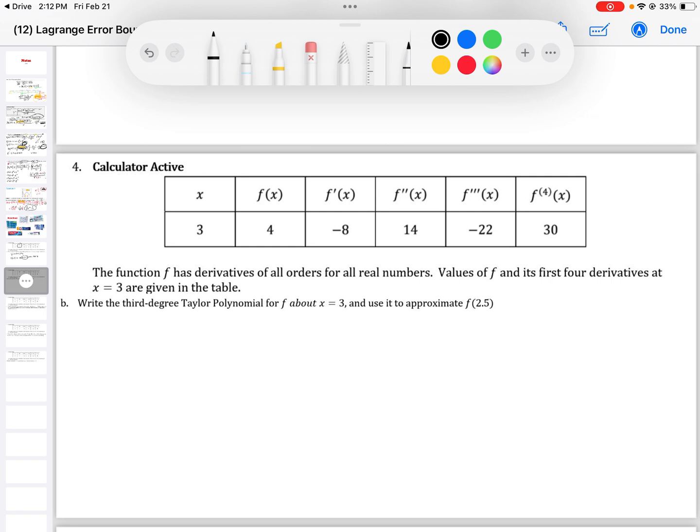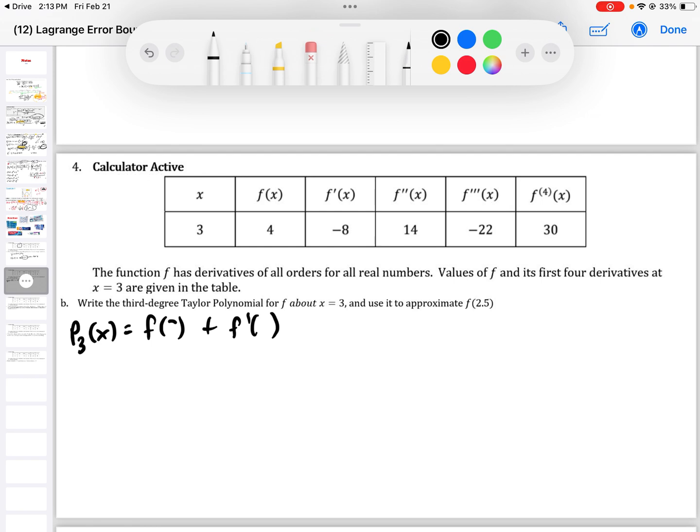All right, write the third degree Taylor polynomial for f about x equals 3 and use it to approximate f of 2.5. All right, so I'm going to write this out. The third degree Taylor polynomial at x would be equal to f of c plus f prime at c. Oh, I'm all confused.